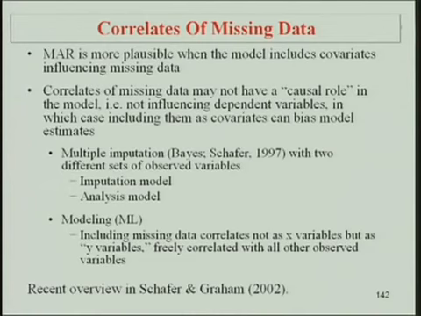I would say that you would use MAR no matter what, even if you didn't fully believe in its assumptions. But it can be made more plausible when the model includes covariates that actually influence missing data. The analysis is more plausible the better covariates you have that have to do with the missing data.